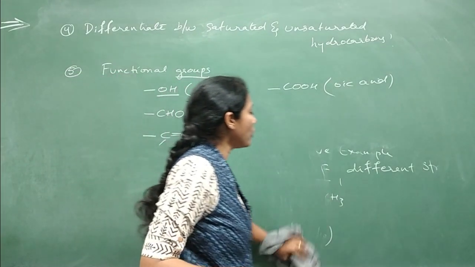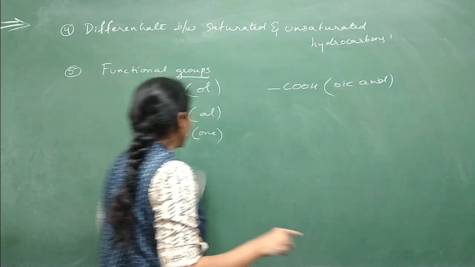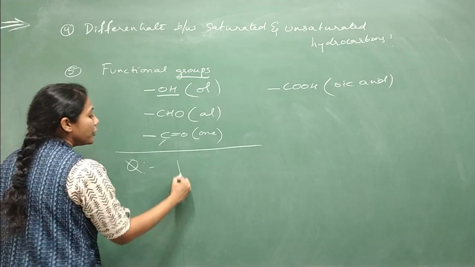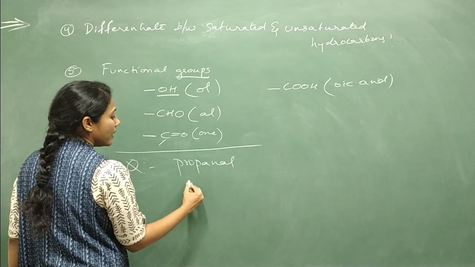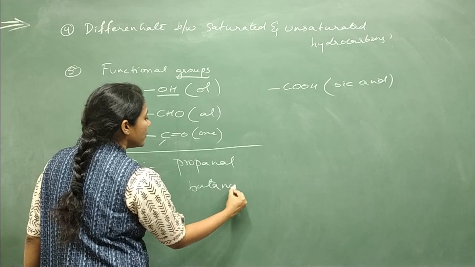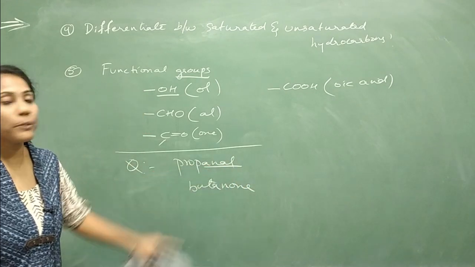Names are also very, very important. Suppose they ask you, see the question, you have the name propanal. Okay, and you have the name butanone. They'll ask you what functional group is present in propanal.